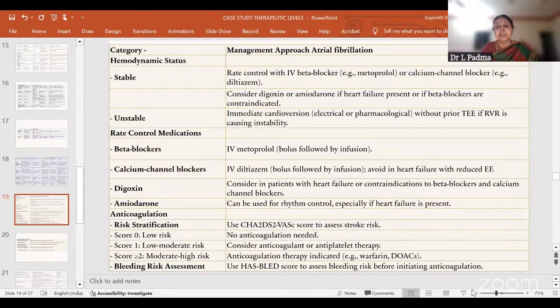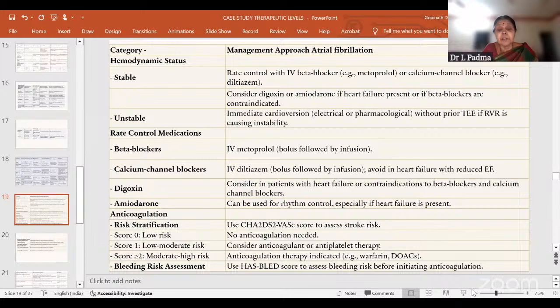Lastly, we consider digoxin whenever there is stage 3 or 4 failure, or when there is contraindication to beta blockers or CCBs. Amiodarone can be used, especially for rhythm control, whenever heart failure is present. For rate control, mainly metoprolol, verapamil, diltiazem, then digoxin, then ivabradine. Whereas for rhythm control, we use amiodarone.